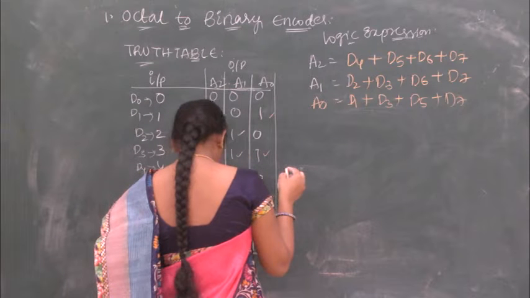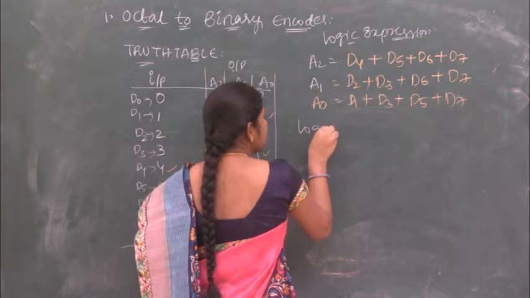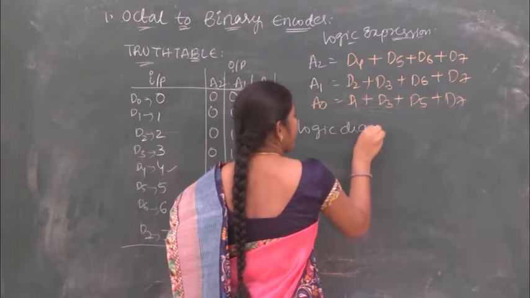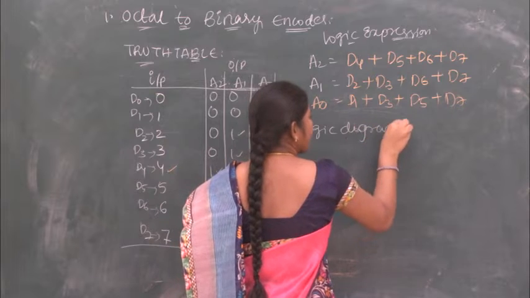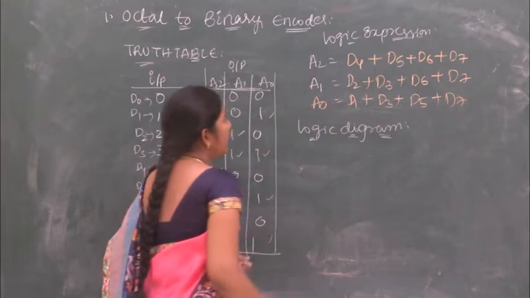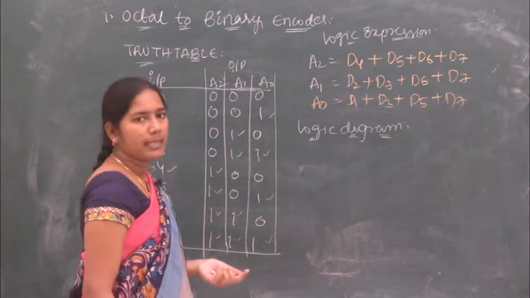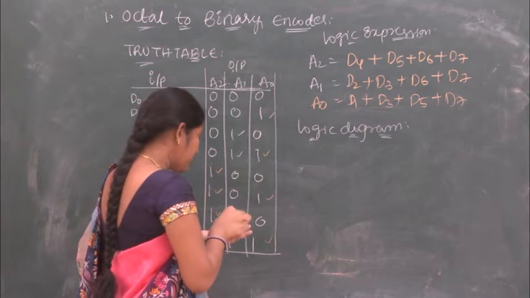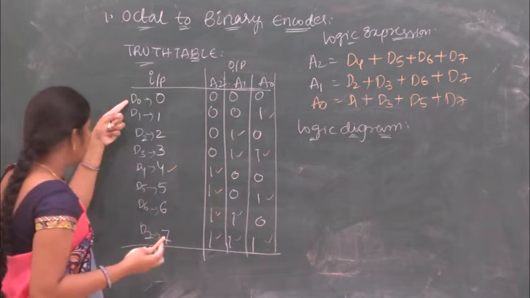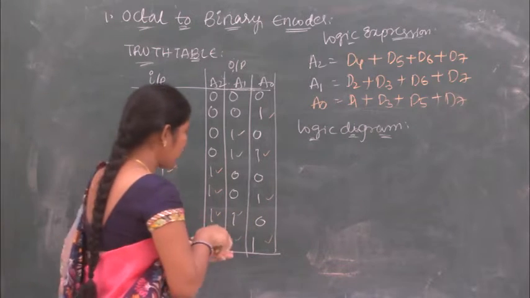Now we know the logic expression for each output. So I can develop the logic diagram. To draw the logic diagram, consider all possible inputs here. Here inputs are what? D0 to D7.